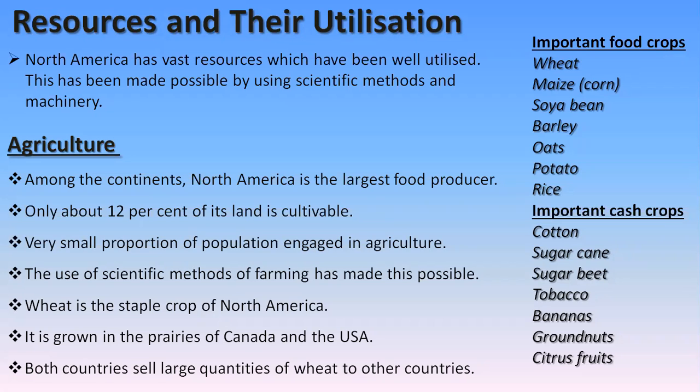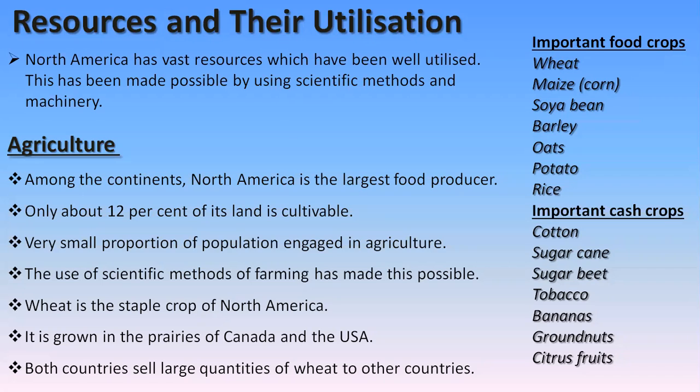Just look at the figures which show, as per the land availability, only about 12 percent of its land is cultivable. That means we can use only 12 percent of the total land of North America for cultivation.